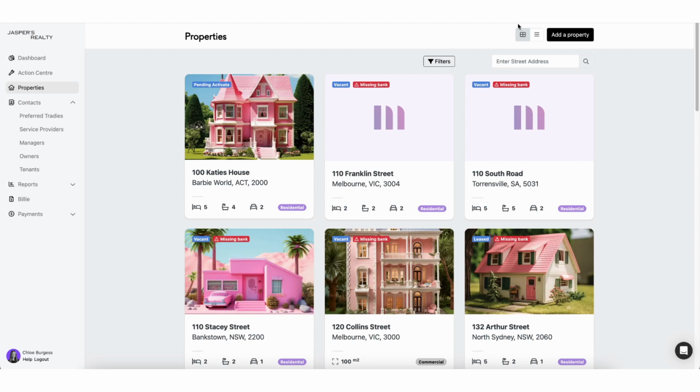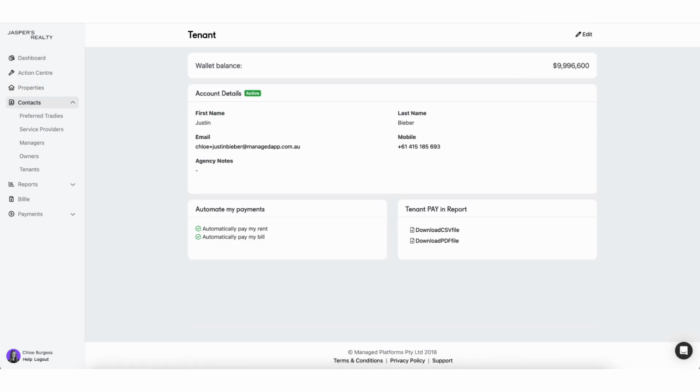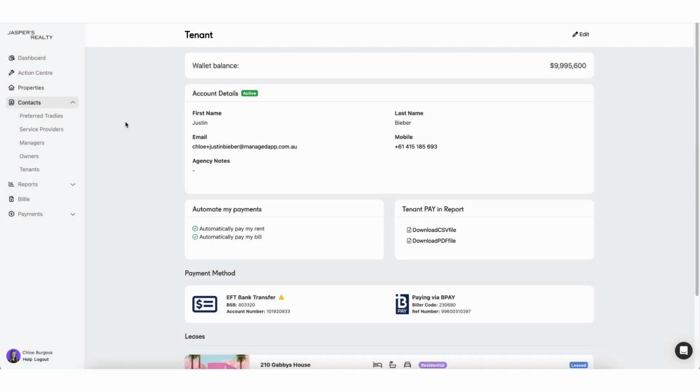Now, coming to tenants, can a tenant have a tenancy across multiple properties? Yes. The key factor you have to take into consideration as a property manager is that they are going to share the same tenancy wallet. Taking this profile, for example, this is a tenant.